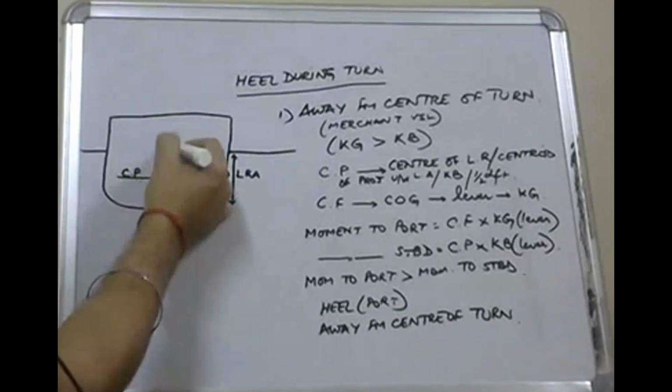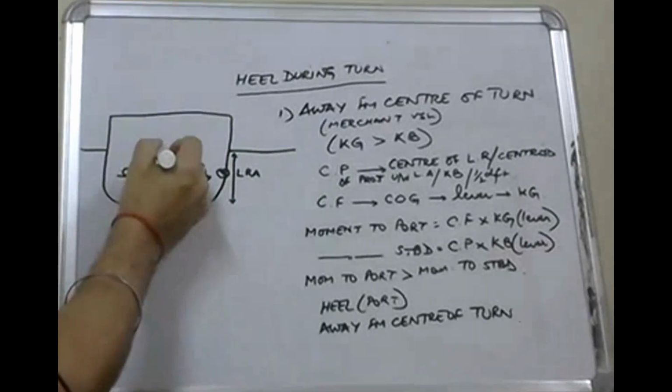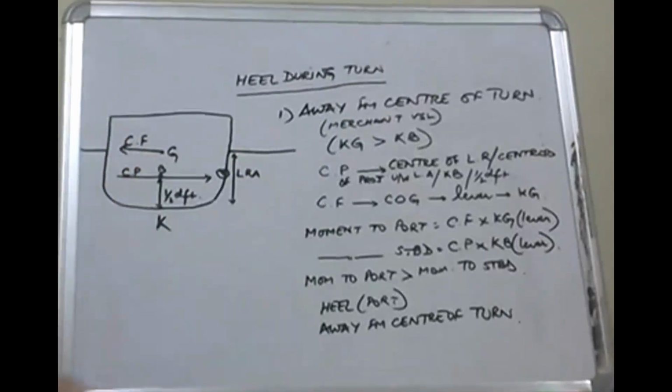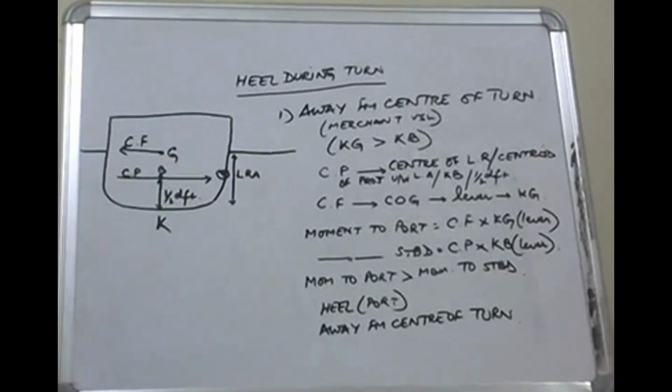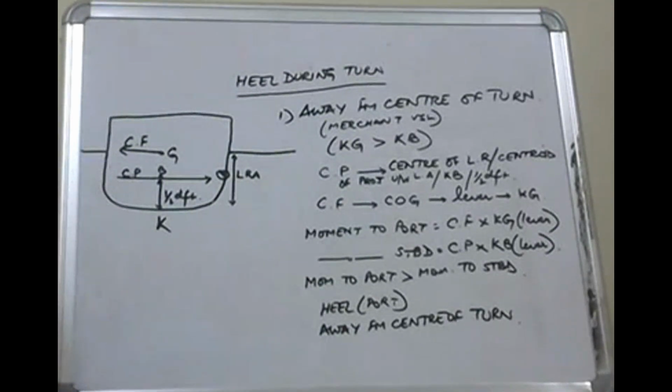On the other hand, the G might be somewhere here on top. The centrifugal force is going to be acting through the center of gravity. And quite obviously, the moment to port is going to be greater than the moment to starboard.